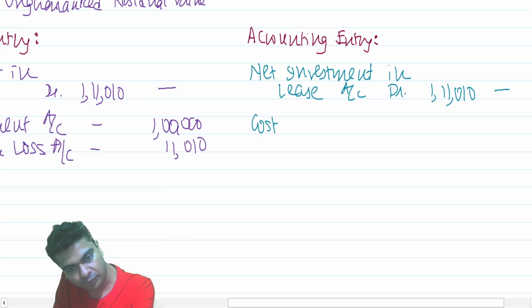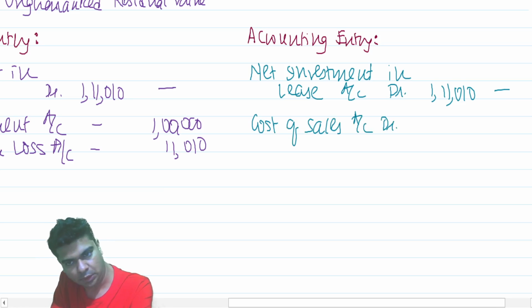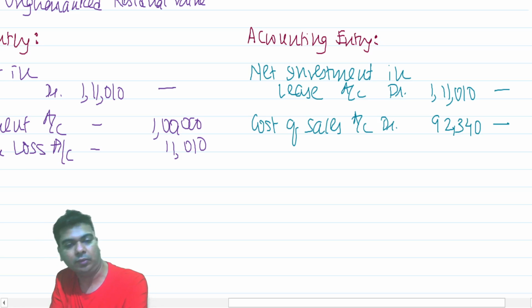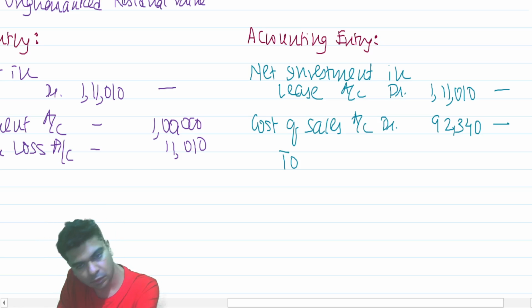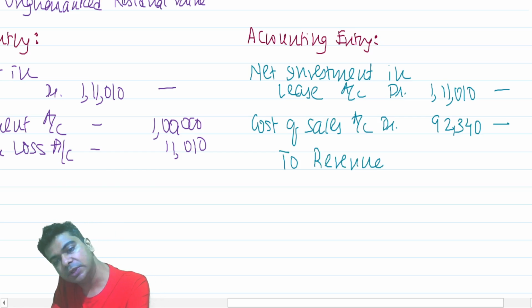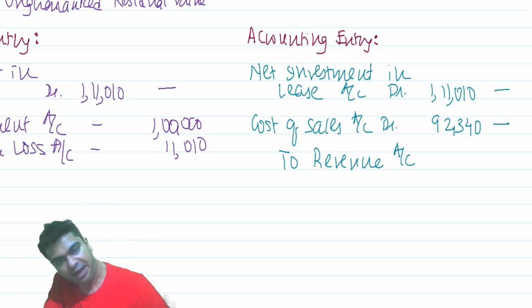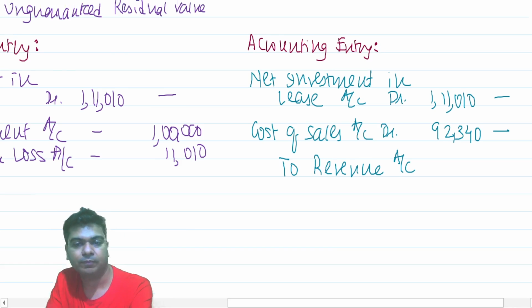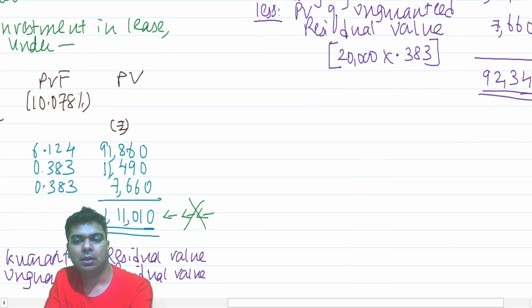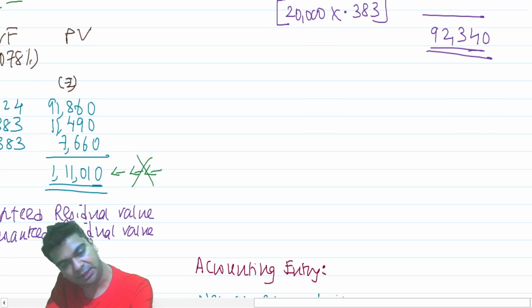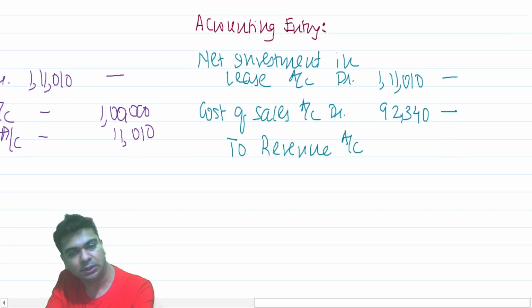So cost of sales account debit 92,340 to revenue, isn't it? The revenue that we had calculated, how much was it? 1,03,350.